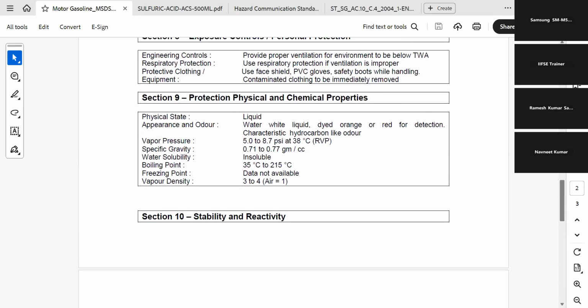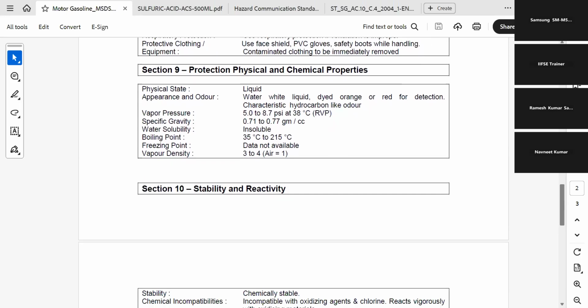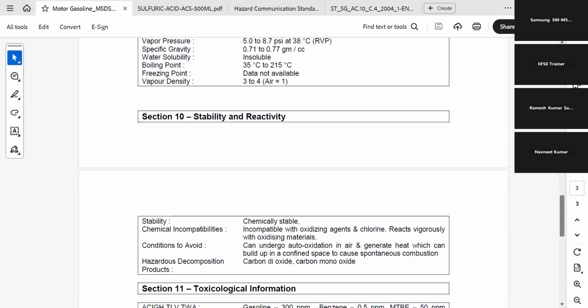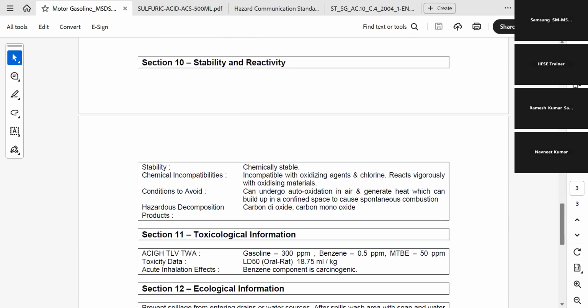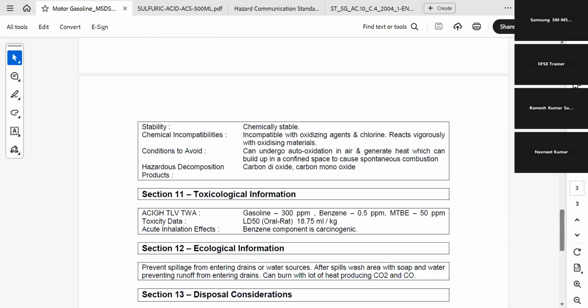Then physical and chemical properties: what is the state of the chemical, what type of smell it gives, vapor pressure, specific gravity, whether it is soluble in water or not, boiling point, freezing point, vapor density, etc. Then stability and reactivity: whether it is chemically stable, what the chemical can react with, and chemical incompatibilities.